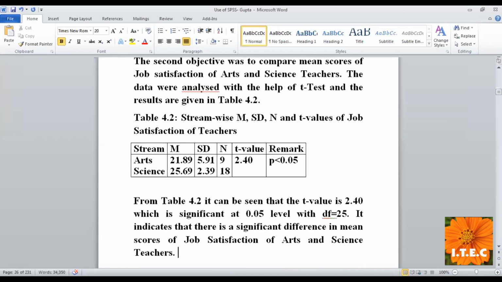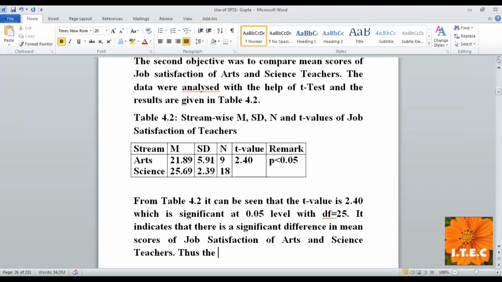Because the T value is significant, the mean scores of job satisfaction of arts and science teachers differ significantly. That's what I have written.